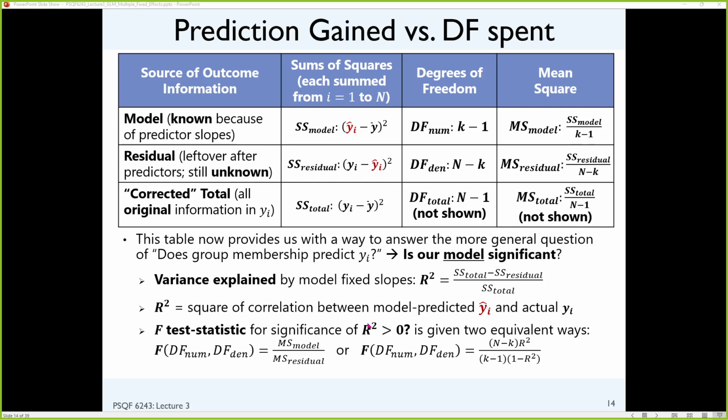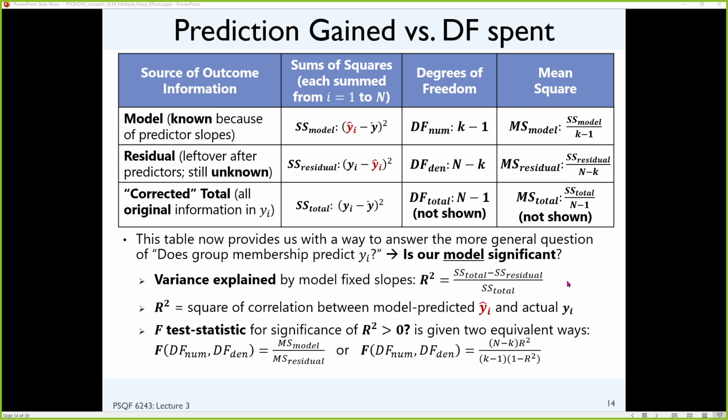This is the exact same set of concepts, but now talking about the contribution of the slopes together in a model when there's more than one slope. So F tells me whether or not the slopes work together significantly to predict y, and R squared tells me how good they did at predicting y as an effect size.